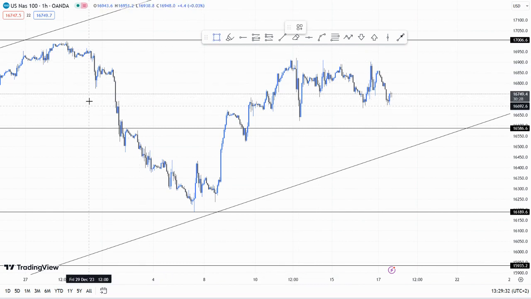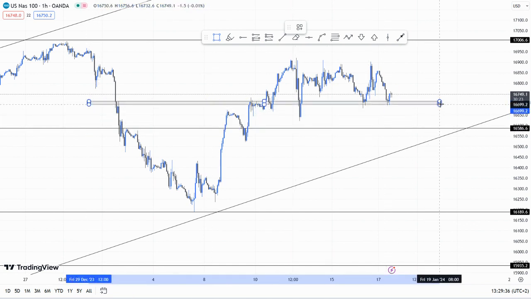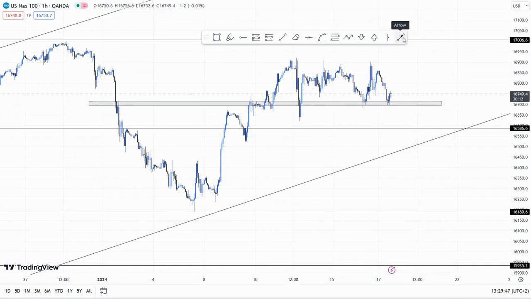There's a beautiful structure right here, a beautiful base that has been stopping the market from going further to the downside. We all know that this is not where the market should start going up to the upside, because once we are here, there are a lot of opportunities for us to blow.